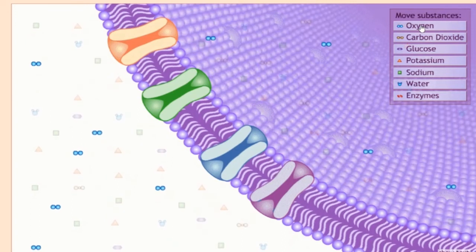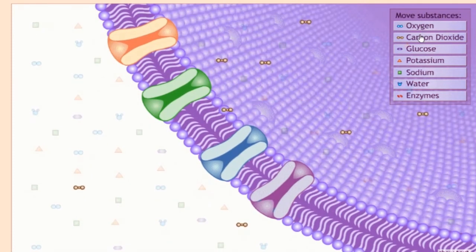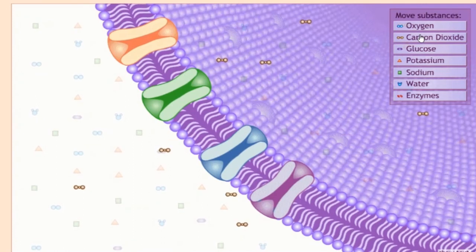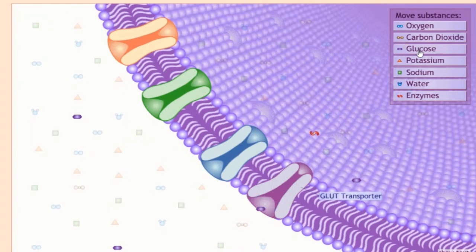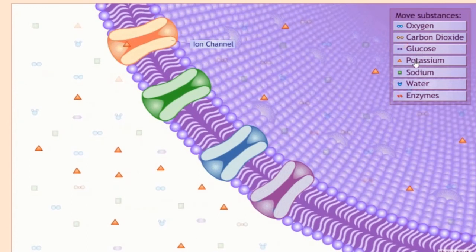As you can see, oxygen molecules can freely pass through, the same way with our carbon dioxide. Then for glucose, we have the glute transporter. Then for potassium, it will be transported by your ion channel.